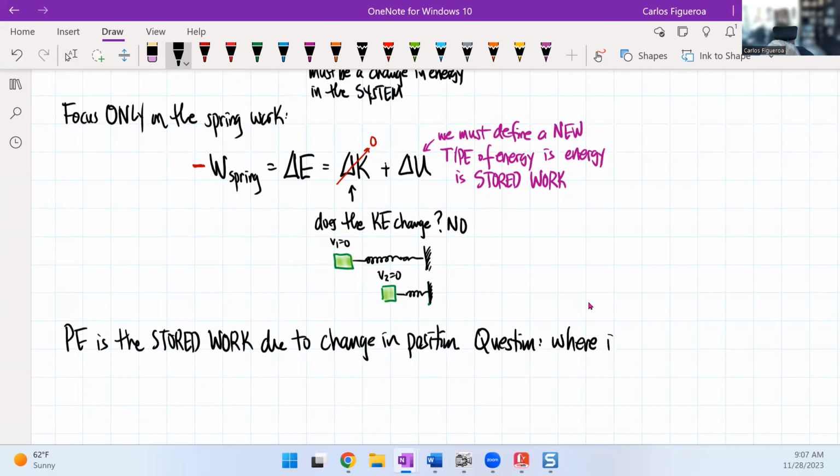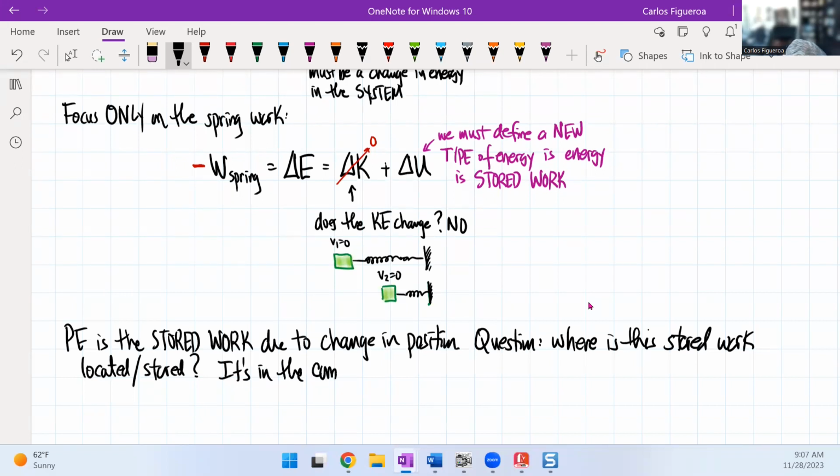Where is this stored work located? I really want to say the word stored. Where is it stored? It's in the compression of the spring.